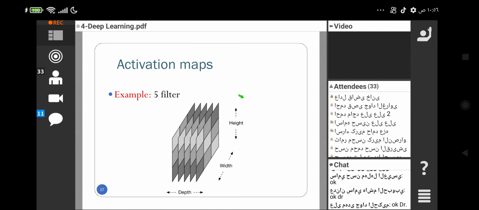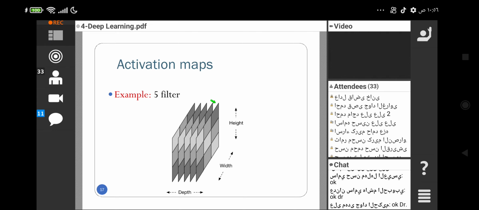For example, if I have 5 neurons in the convolution layer, each of the neurons is a filter or a kernel, and when it is moving on the image, it will create an activation map. So in this example, we will have 5 activation maps: 1, 2, 3, 4, 5. 5 outputs in this layer.